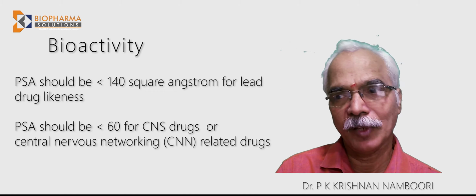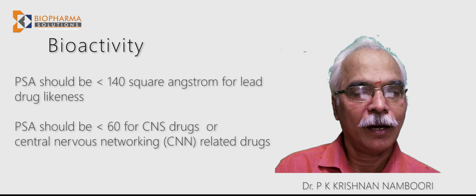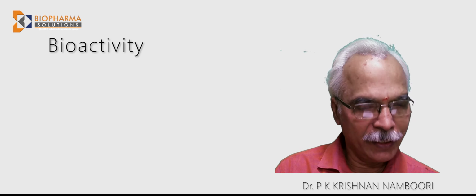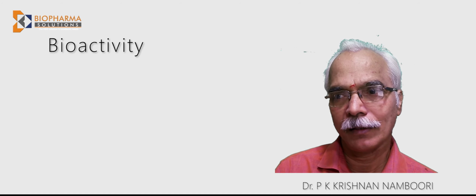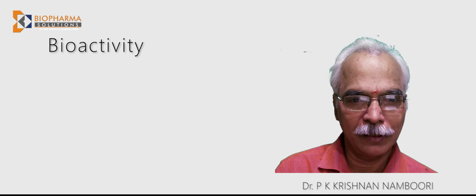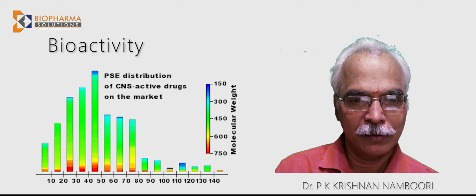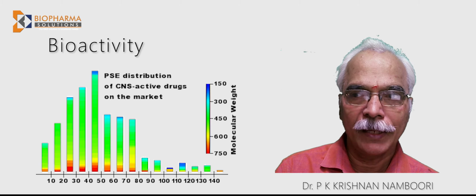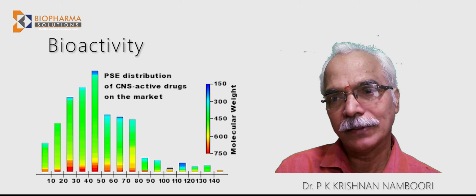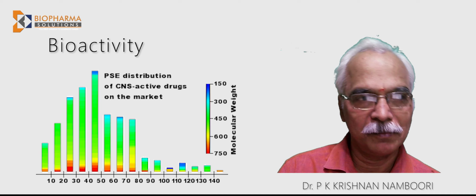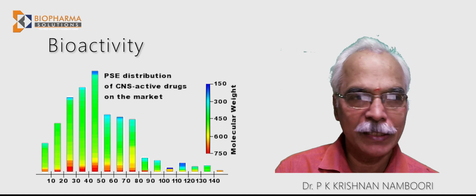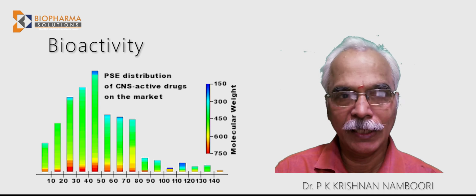At the same time, if you take any CNS drug molecule, central nervous system, then for the molecules to cross the blood-brain barrier, you see that polar surface area should be less than 60 square angstrom.